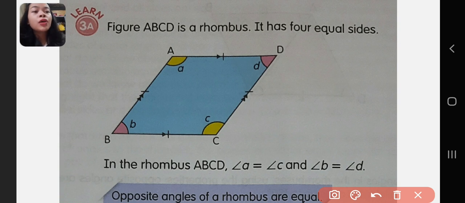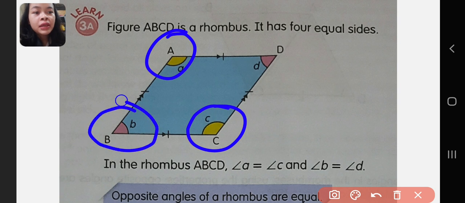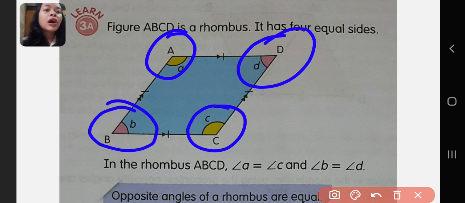Basically, all things facing each other, a line facing another line, they are equal. An angle facing another angle, they are equal. So it means A is equal with C, B is equal with D, or we can say that they are vertically opposite.